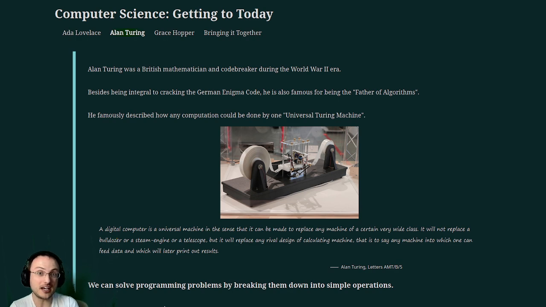But the developments I want to focus on are the ones that lead to him being called the father of algorithms. This term algorithms comes up in the media all the time when we talk about AI algorithms or any type of social networking algorithms, you know, the Google algorithm, the YouTube algorithm.